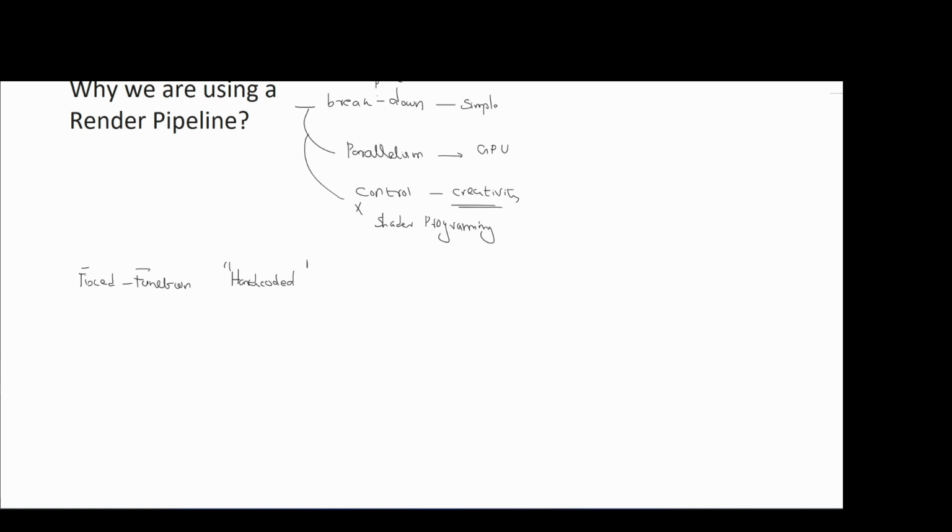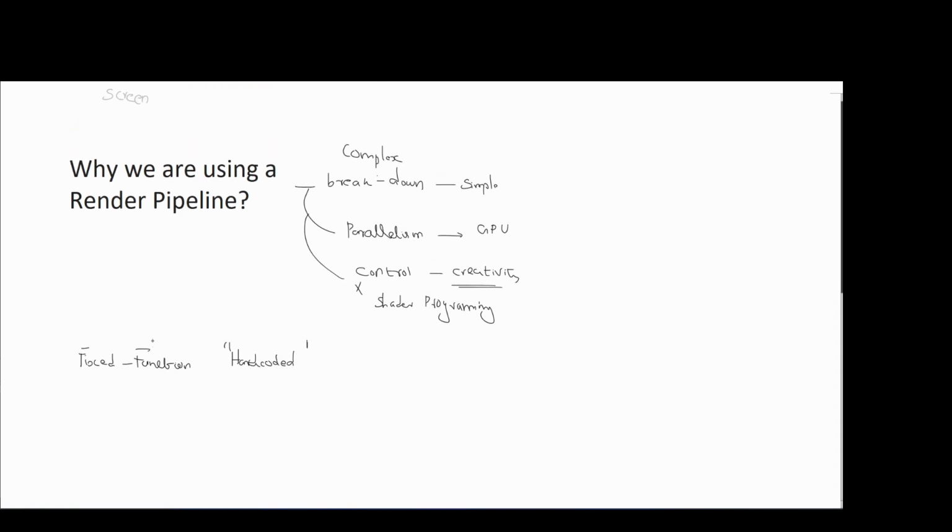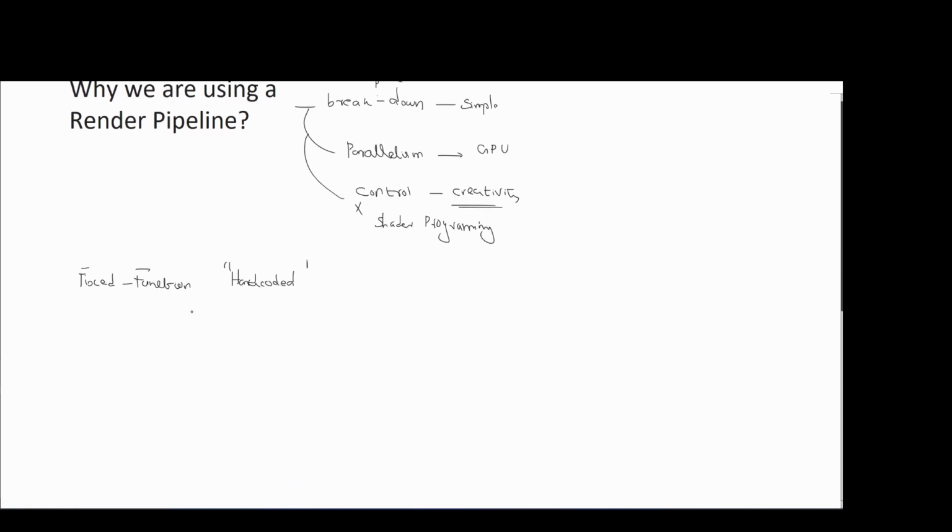Now, by having this render pipeline, we can add many more features. That is one of the advantages of using the render pipeline compared to the fixed function hard-coded type of pipeline. This render pipeline is more like a programmable type of pipeline. The old ones are fixed, we cannot have any control.